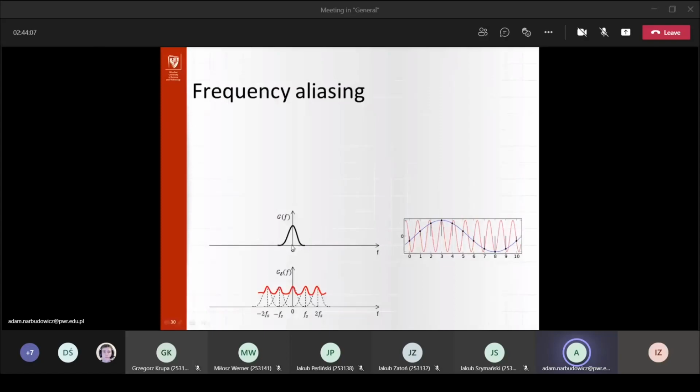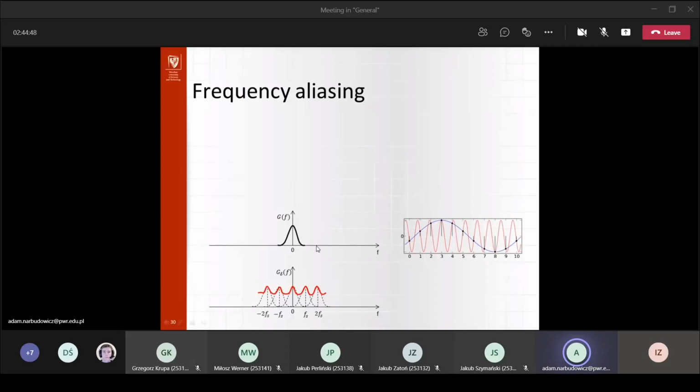And basically, when we have sampling by the sampling frequency, we will create multiple copies of this signal in the frequency domain, which will stretch from minus to plus infinity, because we are adding a periodicity to our signal. So the same principle that you saw earlier will apply.